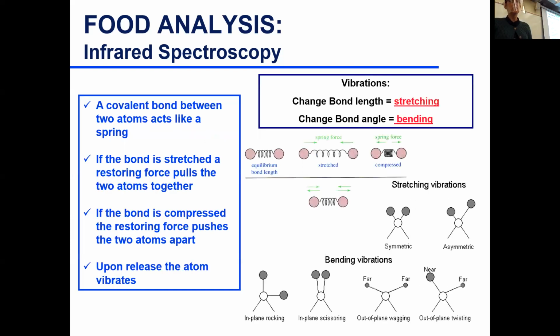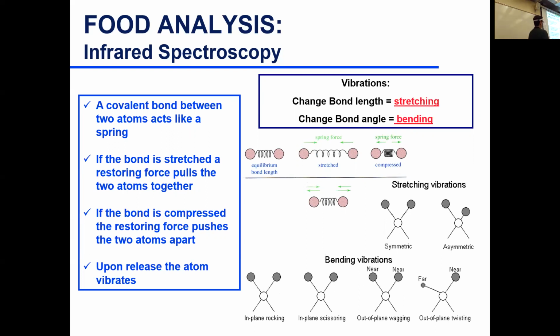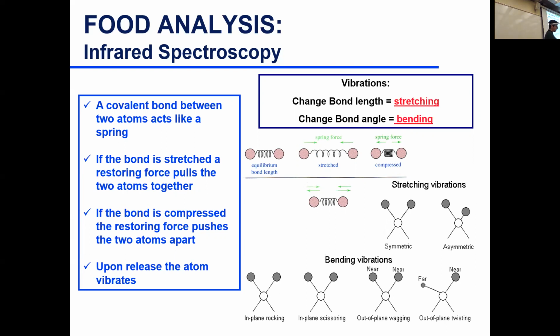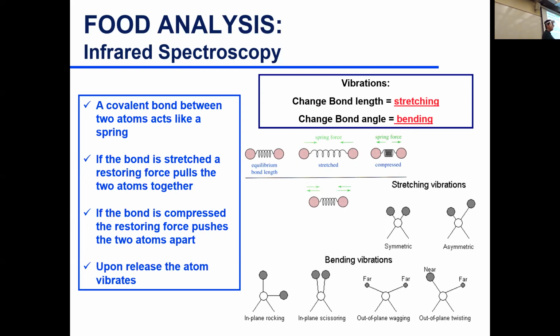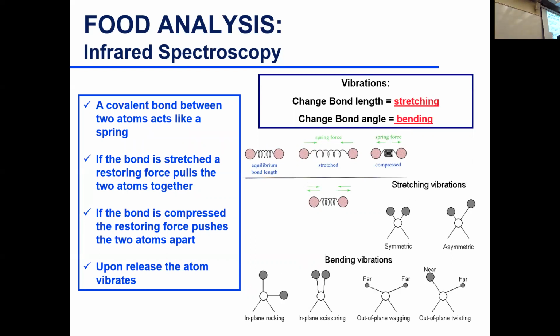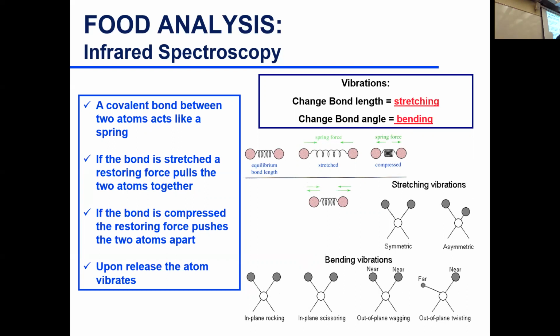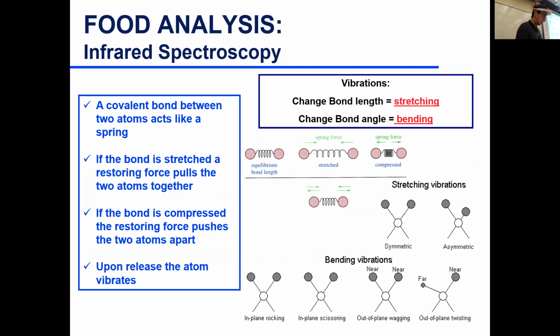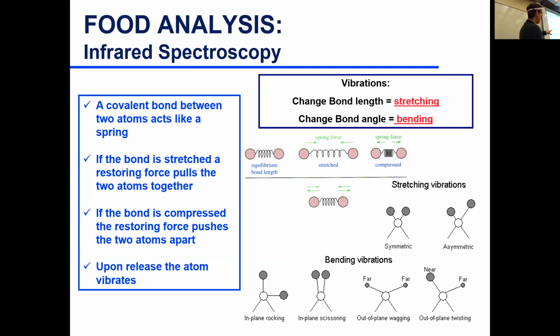So what happens during vibrational energy? When the molecule absorbs vibrational or IR energy, the molecule vibrates. I'm not going to go too much into the chemistry of this, but basically you have bending and stretching of the bonds, and with that, electrons are moving from one atom to the other.